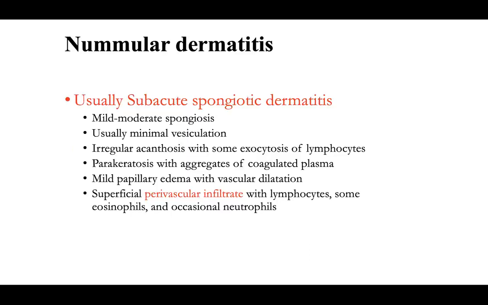As I said, nummular dermatitis is usually subacute spongiotic dermatitis with mild to moderate spongiosis, usually minimal vesiculation, irregular acanthosis with some exocytosis of lymphocytes, parakeratosis with aggregates of coagulated plasma, mild papillary dermal edema with vascular dilatation, and superficial perivascular infiltrate with lymphocytes. You can have some eosinophils, it's not always required, and occasional neutrophils.